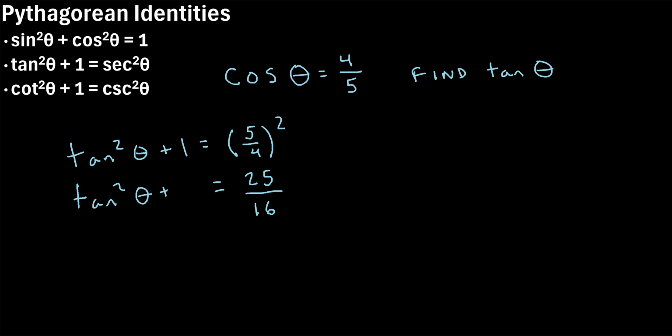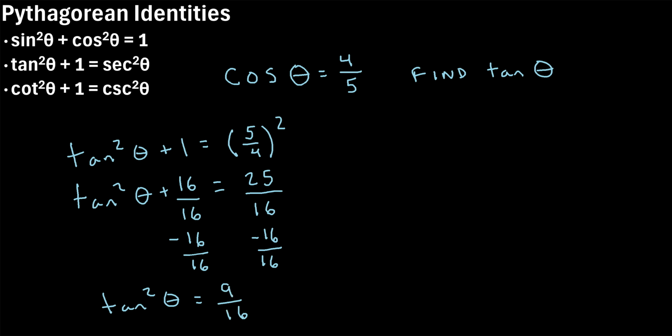This has a denominator of 16, so we can rewrite 1 as 16 over 16 to make it a little easier to work with. Now to solve for tangent, we're going to subtract 16 over 16 from each side. That leaves us with tangent squared of theta is equal to 25 minus 16, that's 9 over 16.